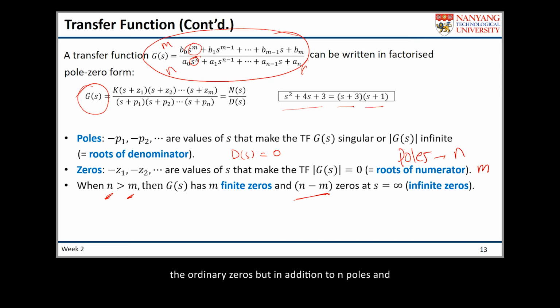But in addition to the n poles and m zeros that you have here, you will also have n minus m infinite zeros. What does infinite zeros mean? Infinite zeros mean that when you substitute an infinite value for s, your G(s) will become 0.